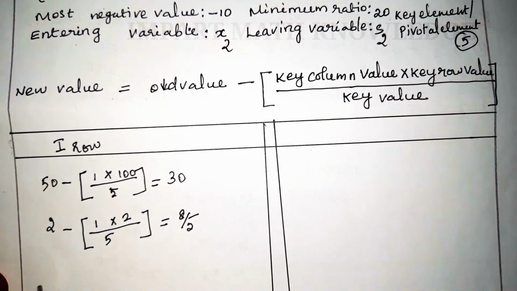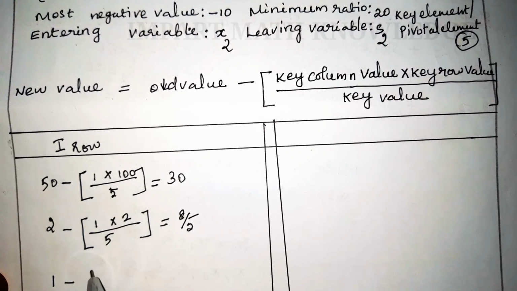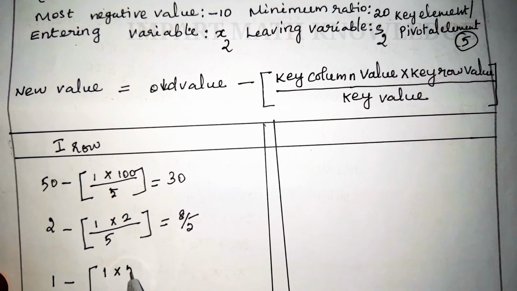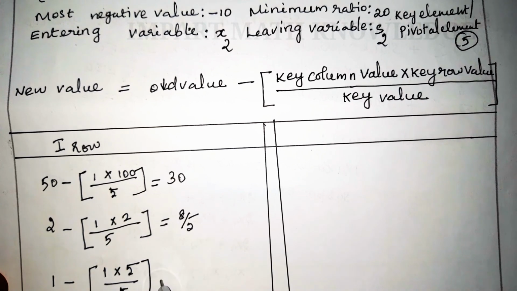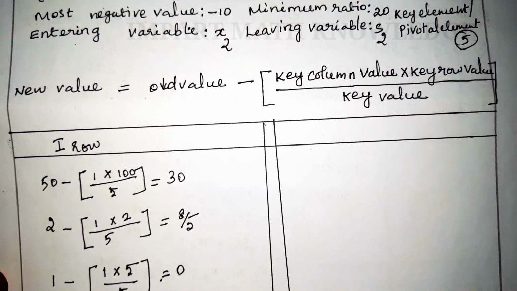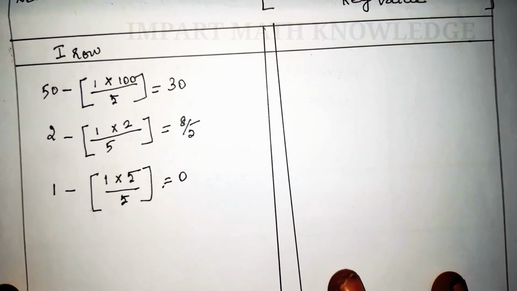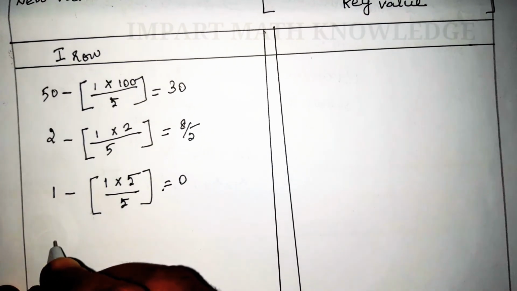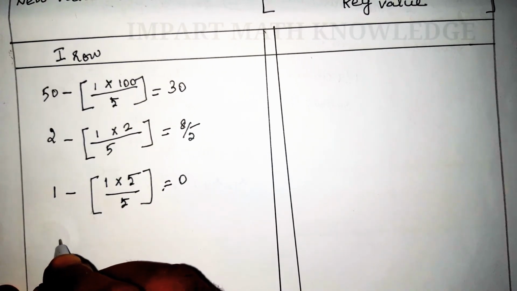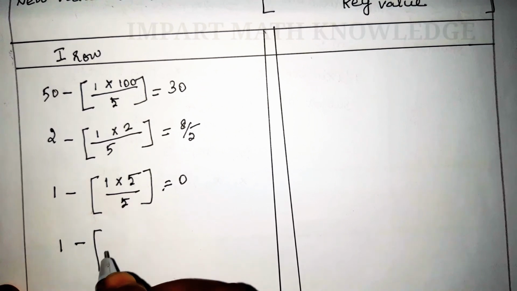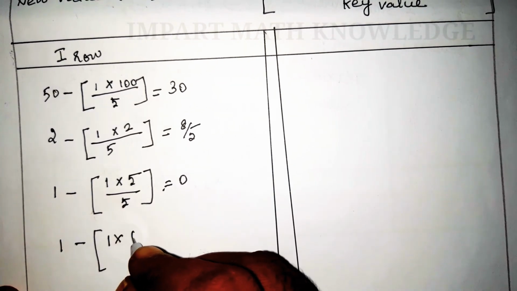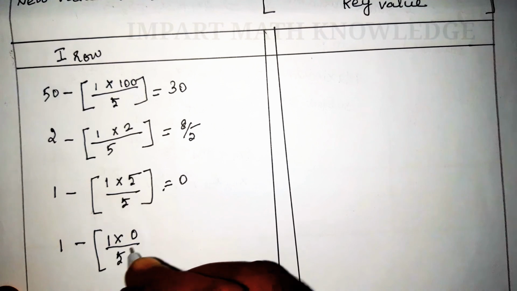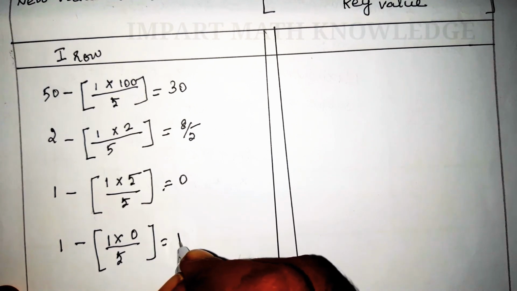Now the third value is 1 minus key column value into key row value divided by key value, that is 0. The next value is old value minus key column value into key row value divided by key value, that is 1.